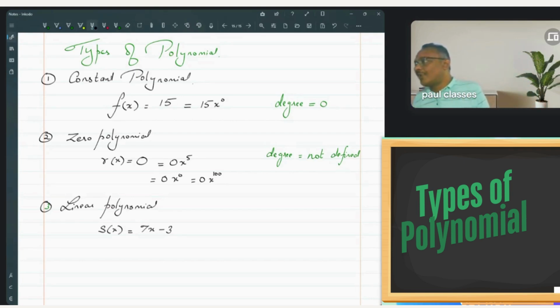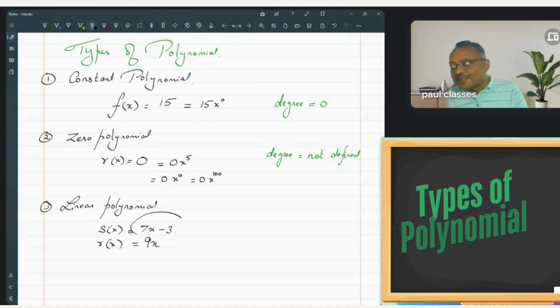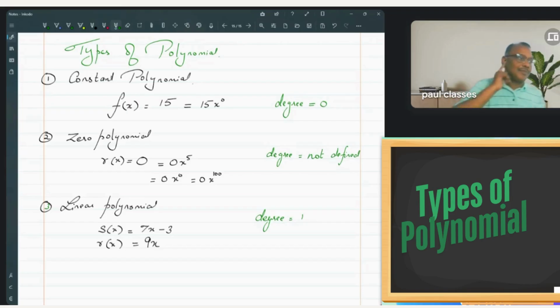Say somewhat like 9x. What is the highest power of x here? 1. So a linear polynomial has degree 1.